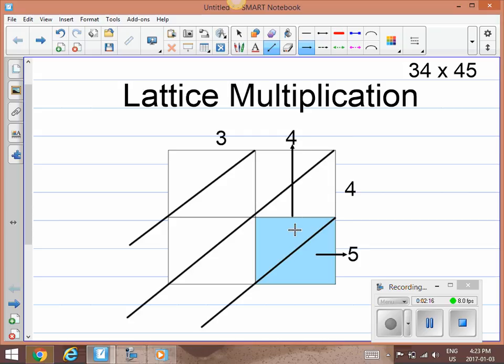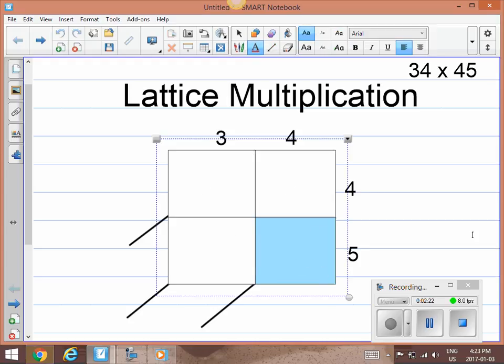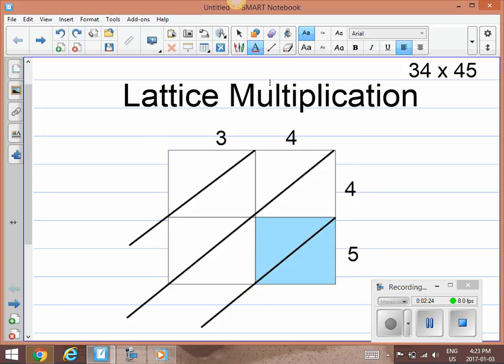It is multiplying 4 times 5. So 4 times 5 is 20. Okay, I'm going to move up so I can draw in here. So 4 times 5 is 20.